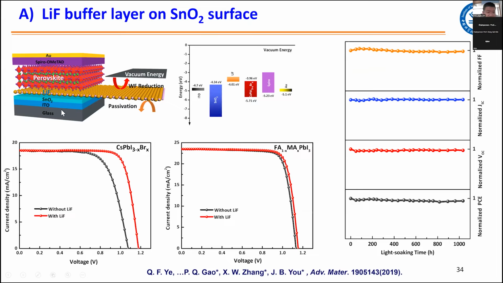The first one: we introduce an insulating material, lithium fluoride, on the surface and tin oxide. We can easily increase the open circuit voltage and also demonstrate that these inorganic materials are stable under light illumination.